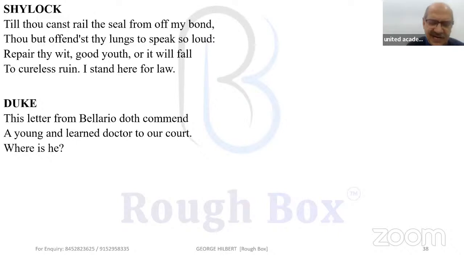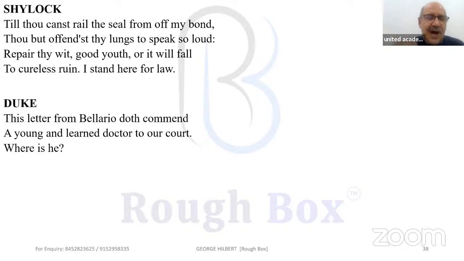He tells Graciano, by speaking so loudly and using abusive words and other curse words, you cannot erase the seal from my bond. The seal is what makes the bond legal.